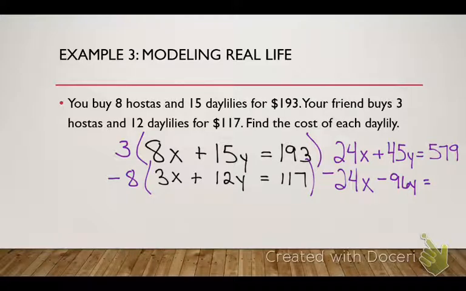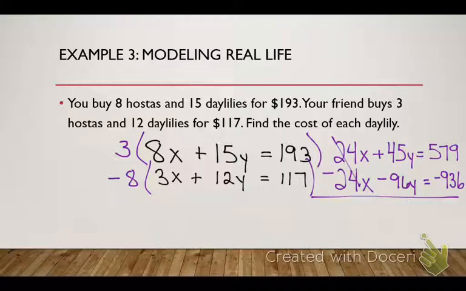And negative 8 times 117 is negative, sorry, I lost it. What is it? 936. Negative 936. And now I can add across the whole equation. My x's will cancel, which is what I needed, and I can solve for y. Go ahead and do that.